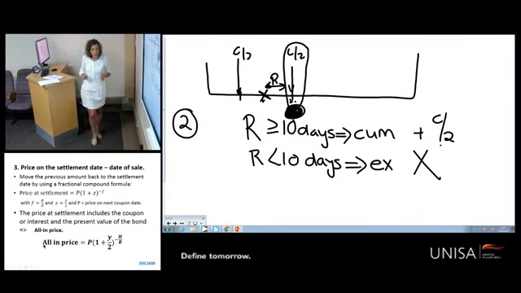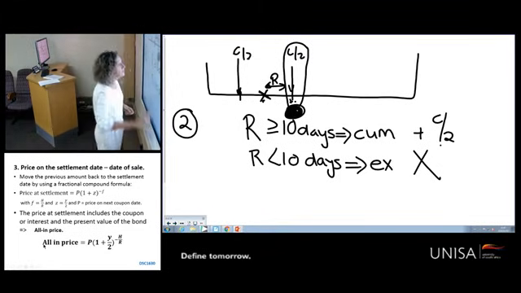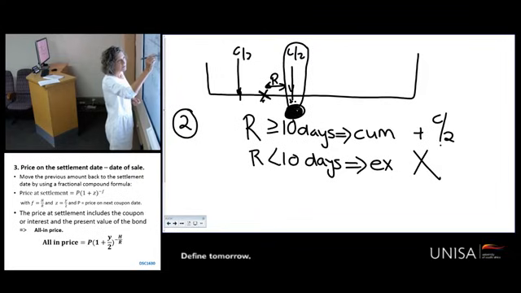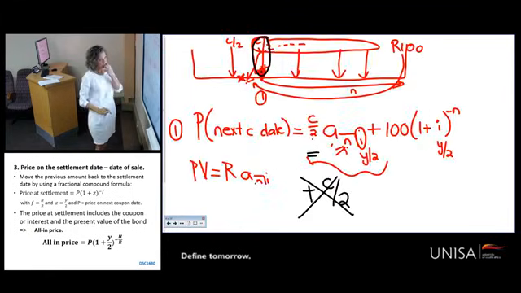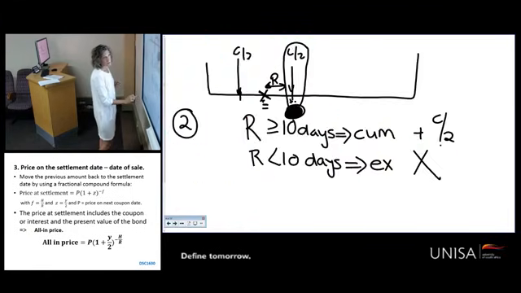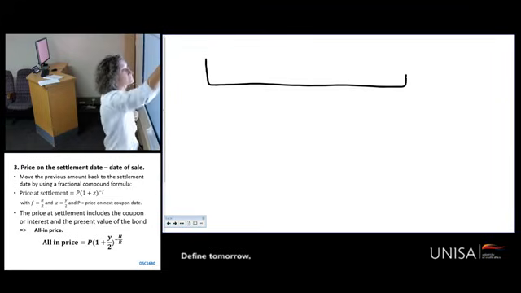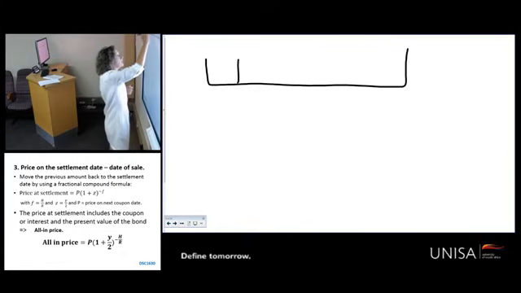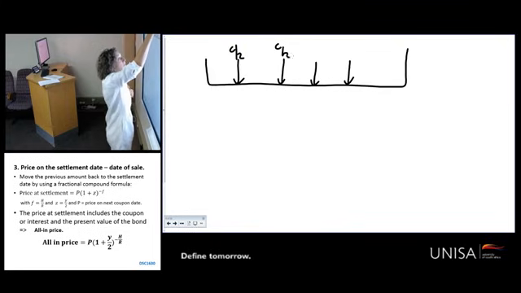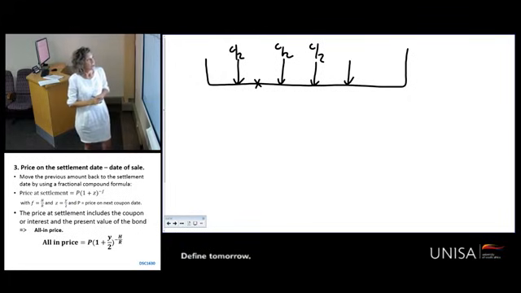Okay, so now, where are we? We've still got the value up to now here. But where do we want it? We want it here. So what do we still have to do? Draw it again. Okay, we've got our coupons. I'm drawing one or two coupons, I'm not going to draw all of them. And let's say there is our settlement date.